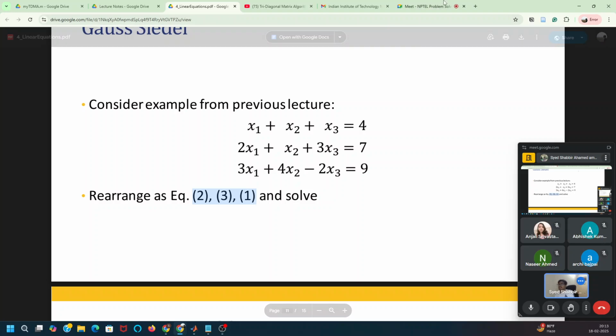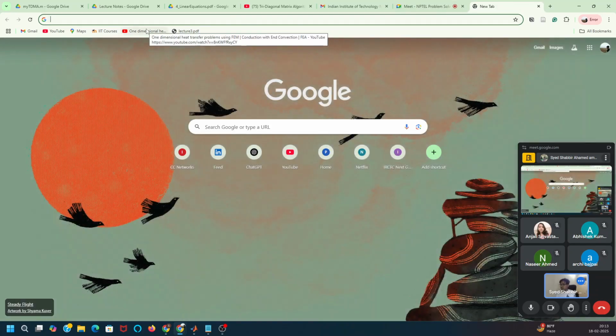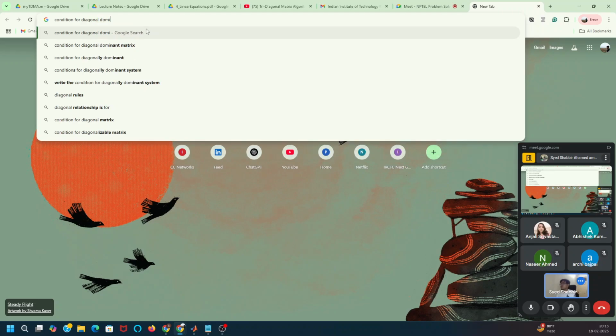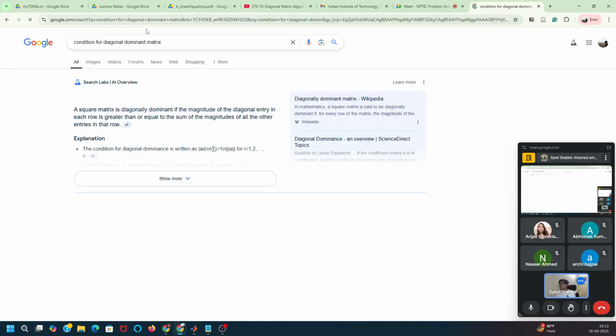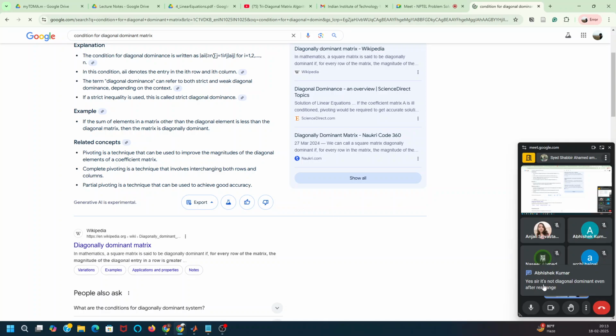Yeah, it's not diagonally dominant even after rearranging.